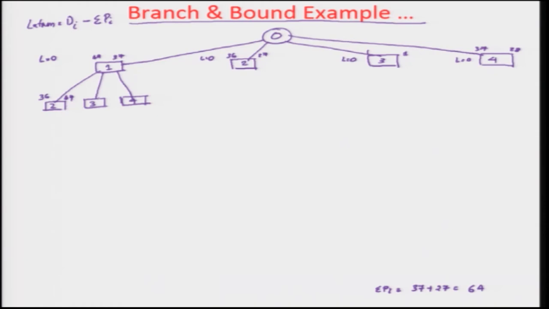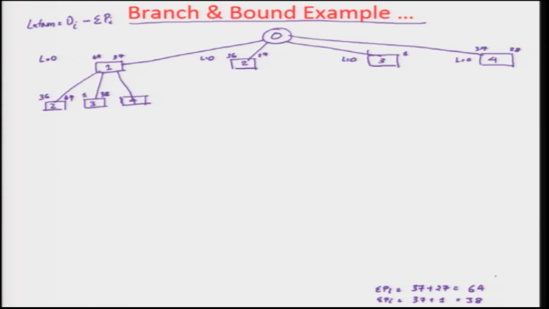Now, about 3, the time is 1. So, the sigma Pi for 3 will be 37 plus 1, that is 38, and 3 is supposed to be delivered on day 1. So, you are already late again.